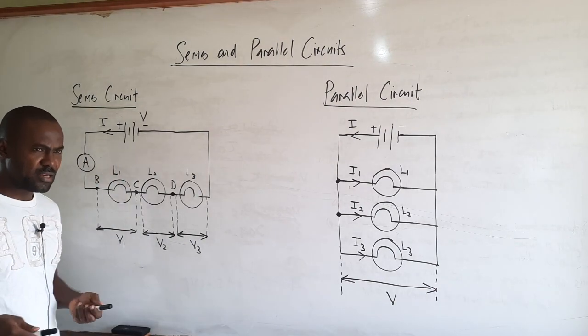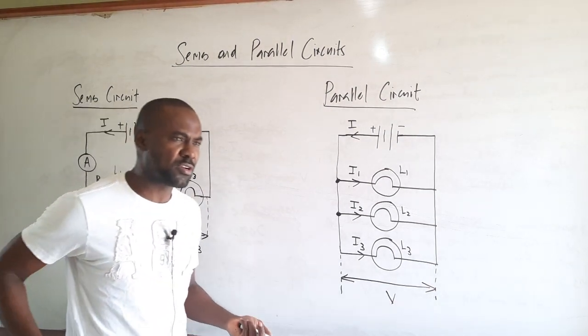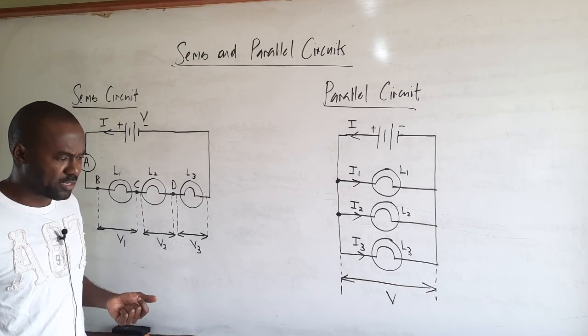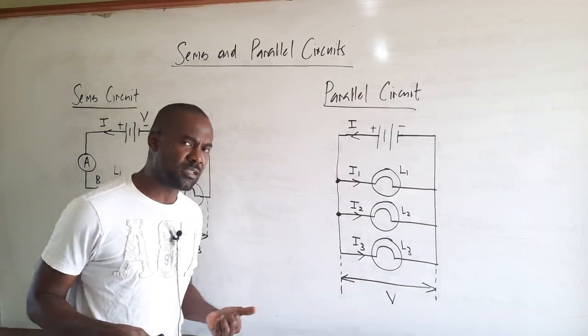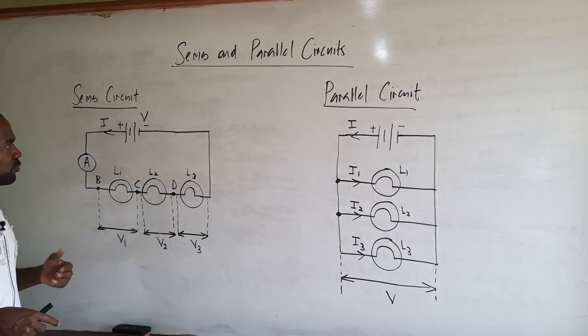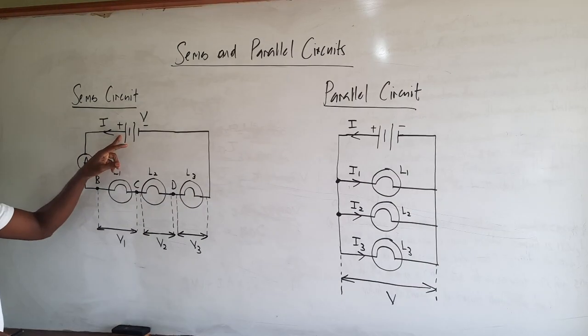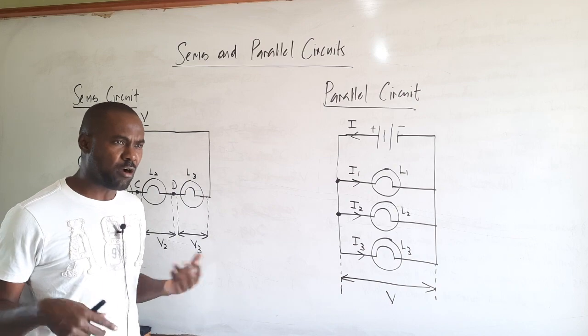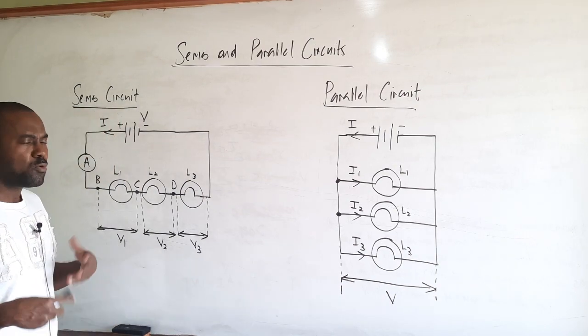Now, as previously indicated, whenever we have a battery in a circuit, we are expected to show the direction of the current flowing around the circuit. And we've also explained the concept of conventional current, which flows from the positive terminal of the battery and therefore flows in the opposite direction that electrons, which are negative charges, would actually flow.